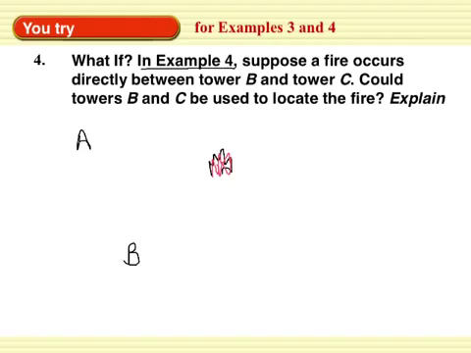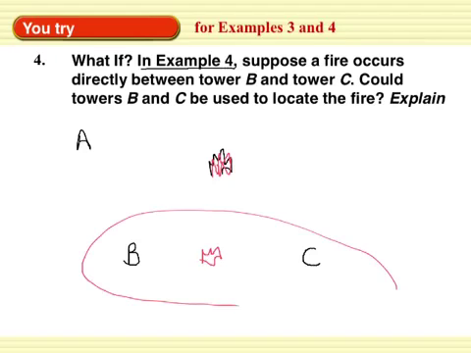And then I had C way over here. Could towers B and C be used to locate the fire? Explain. No, it can't. A triangle is formed by the location of the fire and the tower, so the fire could be anywhere between B and C. I can't make a triangle between these, so no triangle.